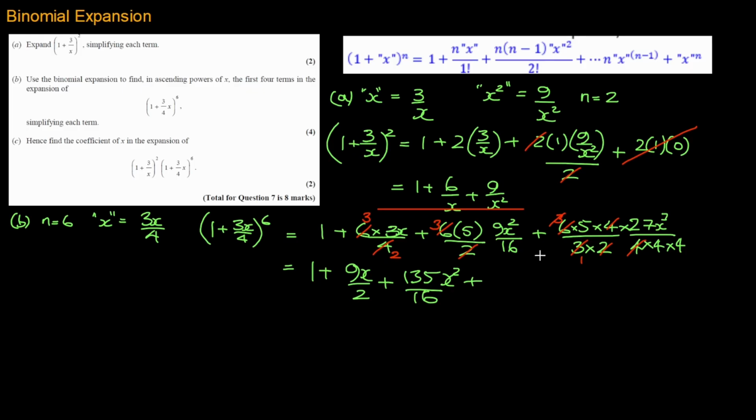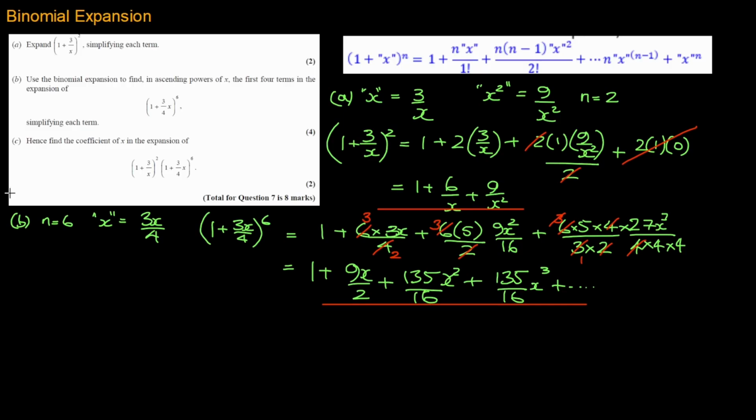And plus, now in this last term, we've got 5 times 27. Well, that's actually the same constituent parts here. 5 times 3 times 9, 27. So this again, 135 over 16 x cubed. And this goes on. It's always worth popping that on, I think. Okay, that's the answer to part B.